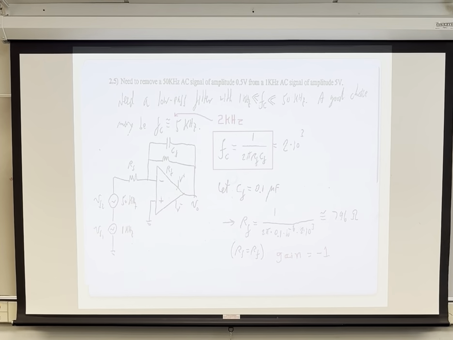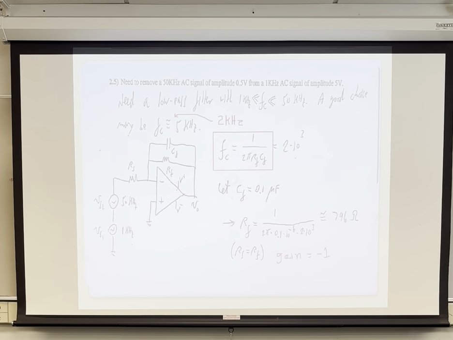And here's an earlier midterm question about a low-pass filter. It says we need to remove a 50 kilohertz AC signal of amplitude 0.5 volts from a desired 1 kilohertz AC signal of amplitude 5 volts.